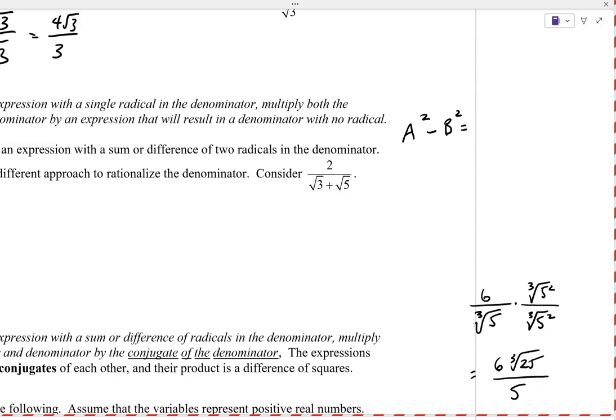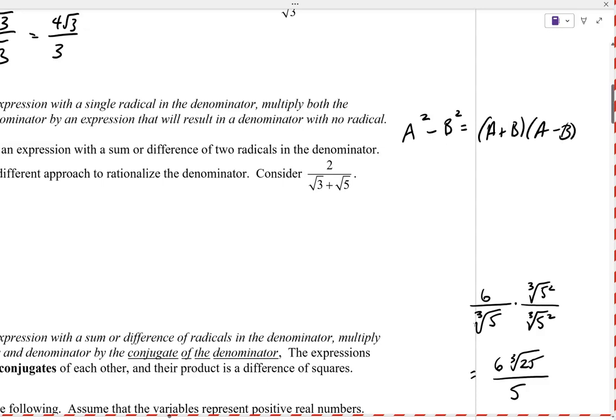Told you factoring was going to come back again, didn't I? How does a difference of squares factor? If you had something like, say, x squared minus 9, how did that factor? Yeah, x minus 3 and x plus 3, right? Remember, it's a plus b and a minus b, how we factor it, right? Okay.